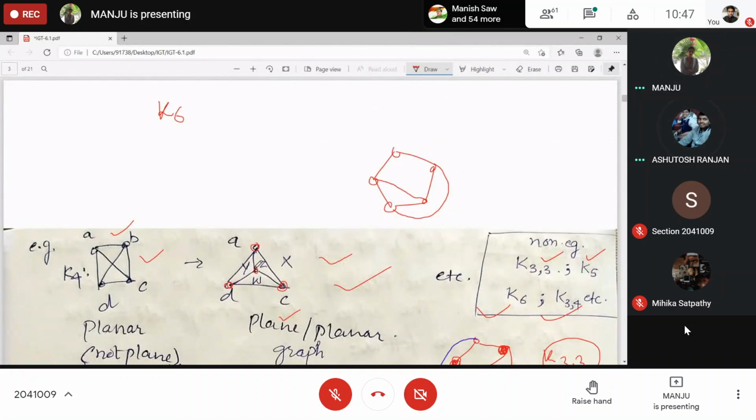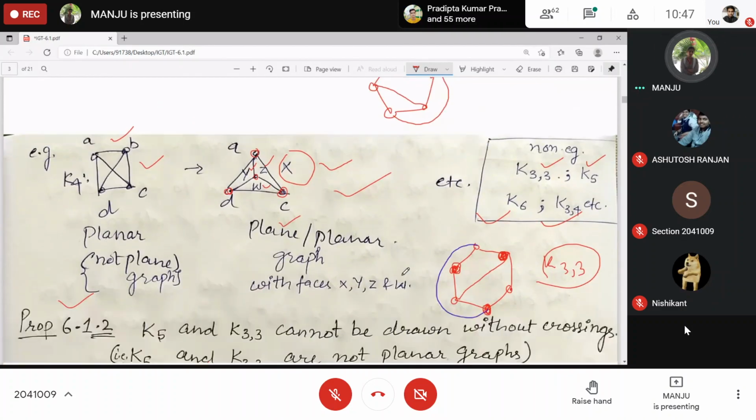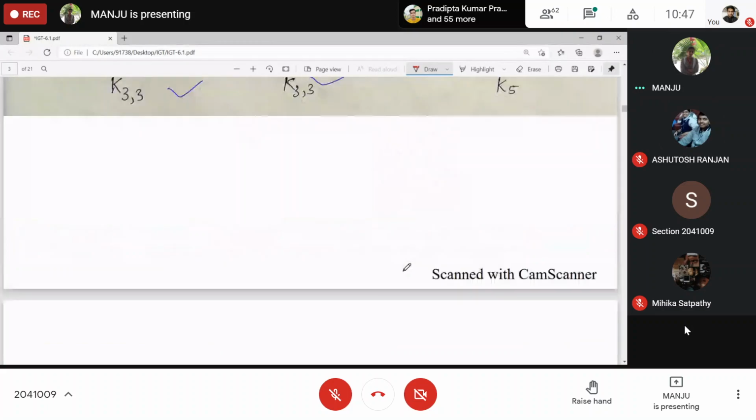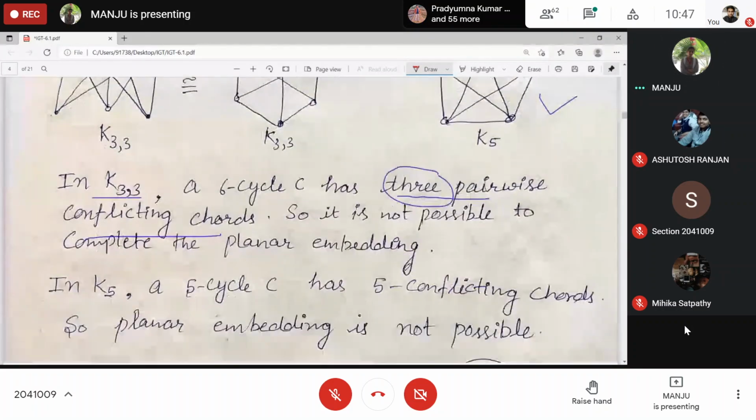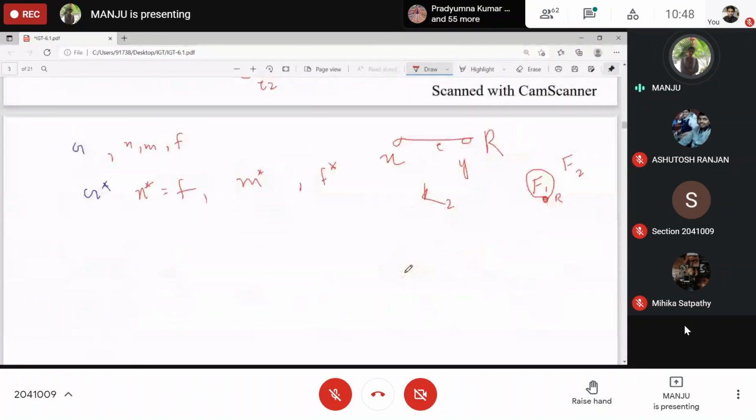Ma'am, 3 bounded. This is K4 only. So this is the unbounded region and these are bounded.